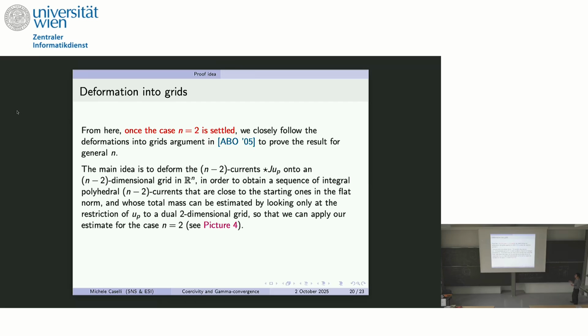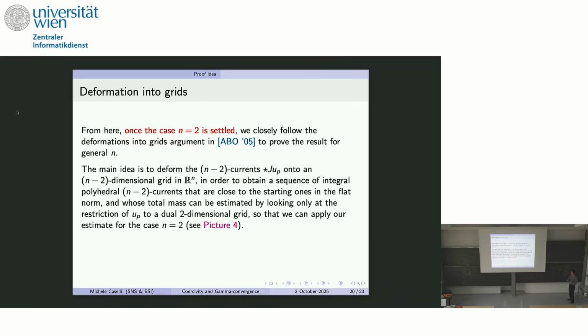And such that the mass can be estimated by the restriction of the maps u_p to the dual two-dimensional grid, so to the union of the two-dimensional planes that pass through the midpoints. And so if you know the result on these two-dimensional planes, up to projecting on grids and deformation, not to say that this procedure is easy.